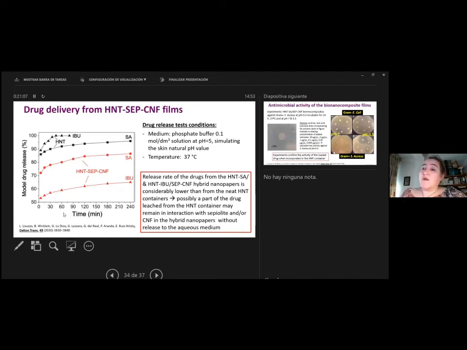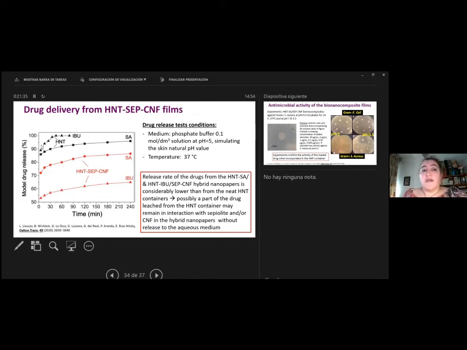When we have the three components in the films, we observe that this release is more controlled. It's not that in a few minutes we lose almost all the elements in the halloysite nanotubes, but we have a slower release that gives us the possibility to prepare systems for more controlled drug delivery.